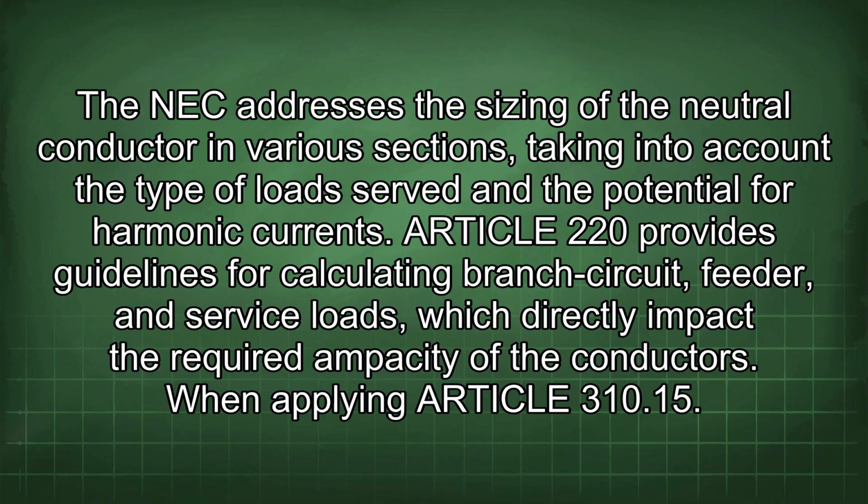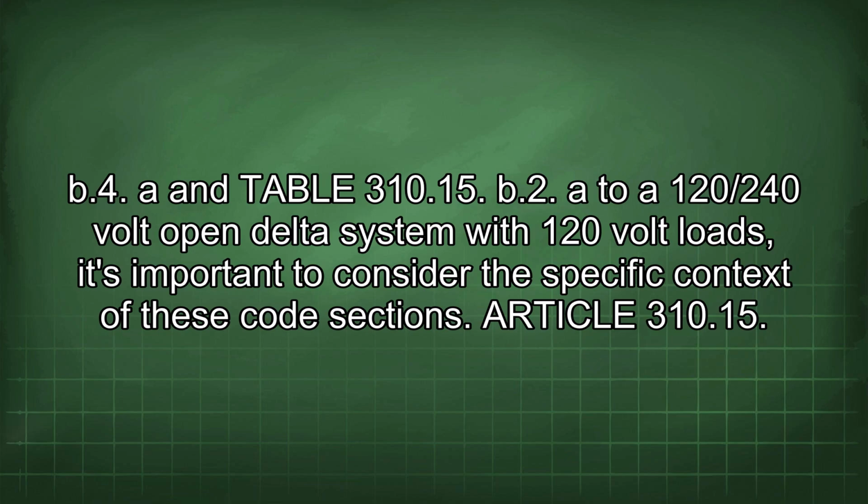When applying Article 310.15(B)(4) and Table 310.15(B)(2) to a 120/240 volt open delta system with 120 volt loads, it's important to consider the specific context of these code sections.